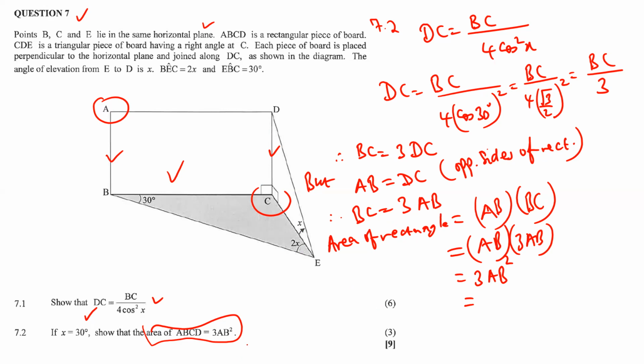So we have shown that the area of ABCD is 3AB squared. And we have shown that for 7.2, for 3 marks there.